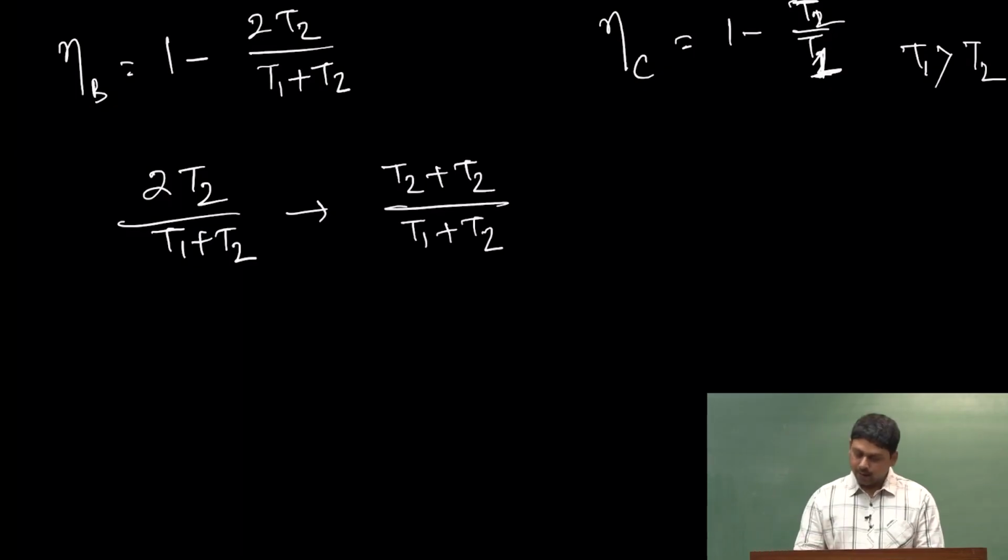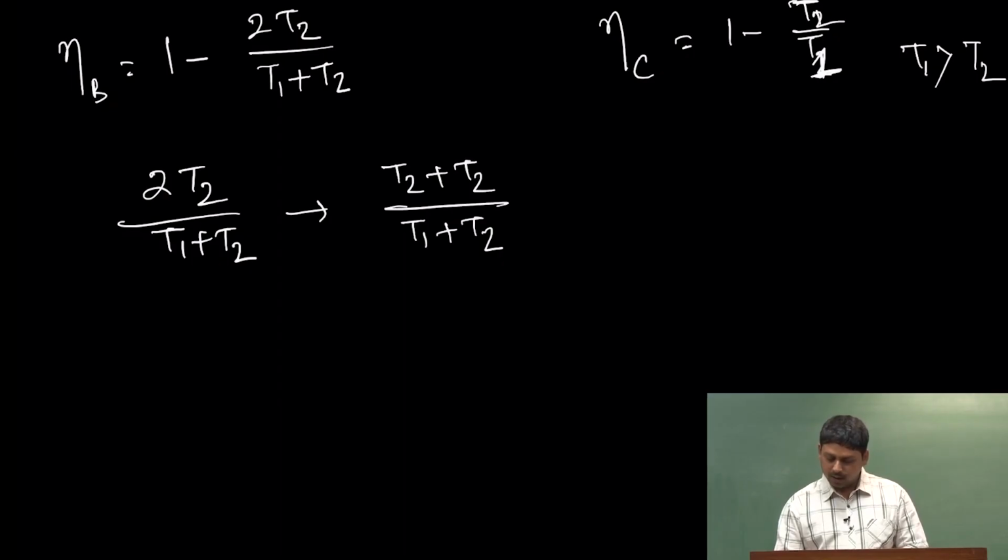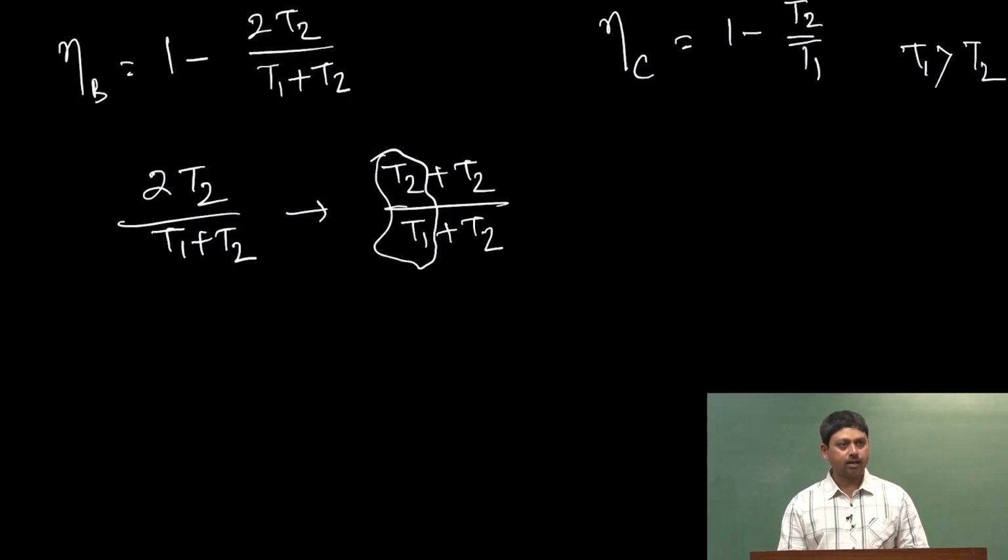Now, you see, I will just write it properly. This is the ratio that is there in the Carnot. We are adding T2 value. Since T1 is larger than T2, we are adding the same amount T2 to numerator and denominator. For example, take 3 by 7, I add 1 to both of them, and we get 4 by 8.